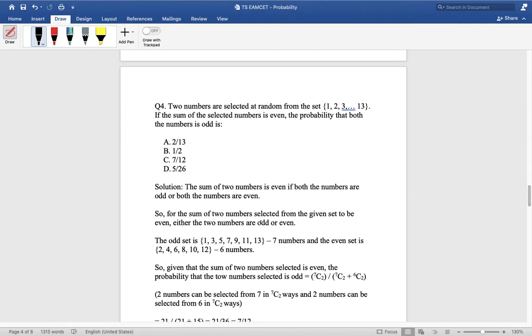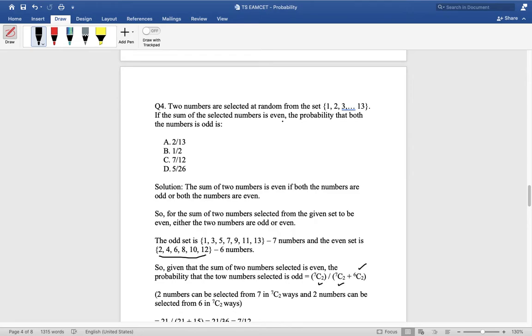Okay. So the odd set is 1, 3, 5, 7, 9, 11, 13, which is 7 numbers. And the even set is 2, 4, 6, 8, 10, 12, 6 numbers. So I can select two numbers out of these 6 in how many ways? 6C2 ways. And I can select two numbers from these 7 numbers in 7C2 ways. Okay, the sum of the two numbers which have been selected is already given as even.